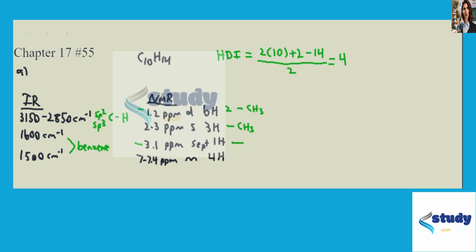This tells me that we have an isopropyl group, and the third signal comes from that single hydrogen on the isopropyl group. Our last signal, the multiplet between 7 and 7.4, is going to be our protons on the 6-membered aromatic ring. Since the integration here is only 4, that tells me that this ring is di-substituted.